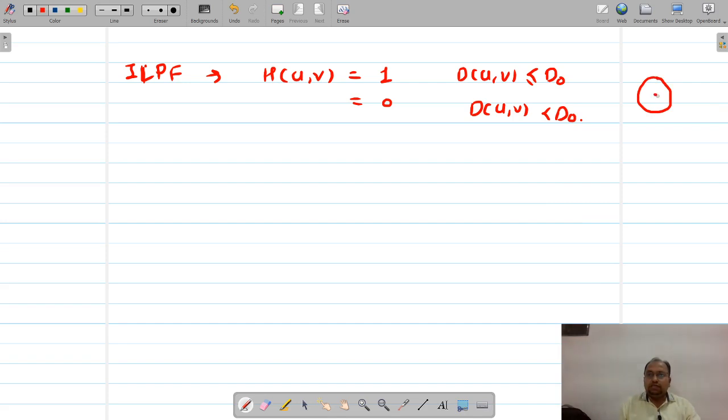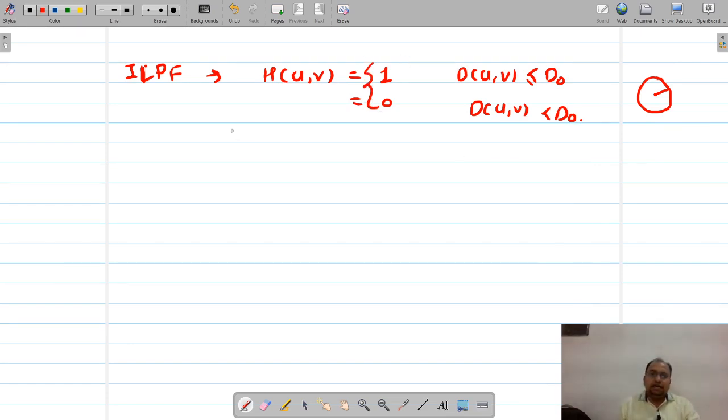Within this range of the spectrum, if the gray level intensity lies, then I am going to consider it, and all the other frequencies which are out of this radius or out of this circle we are not going to consider. So for that purpose it is representing that.